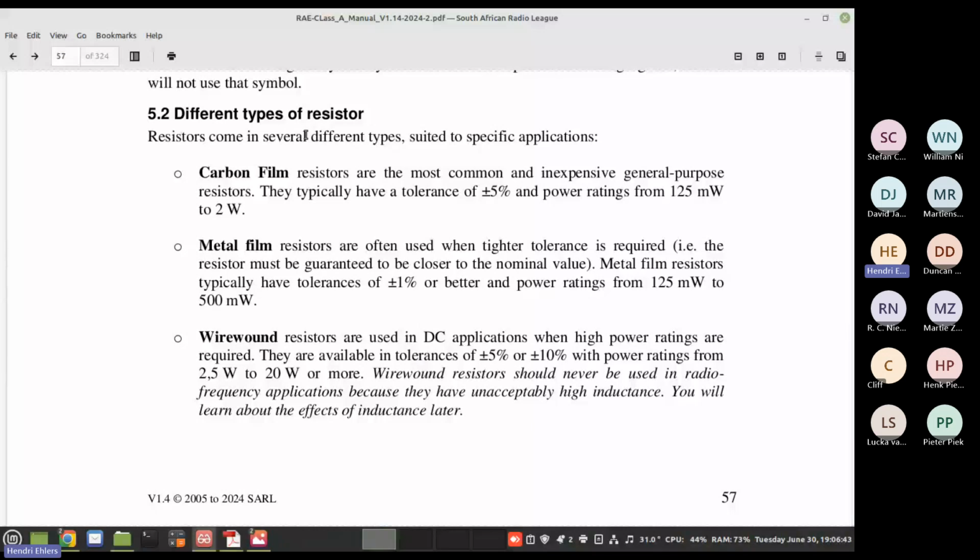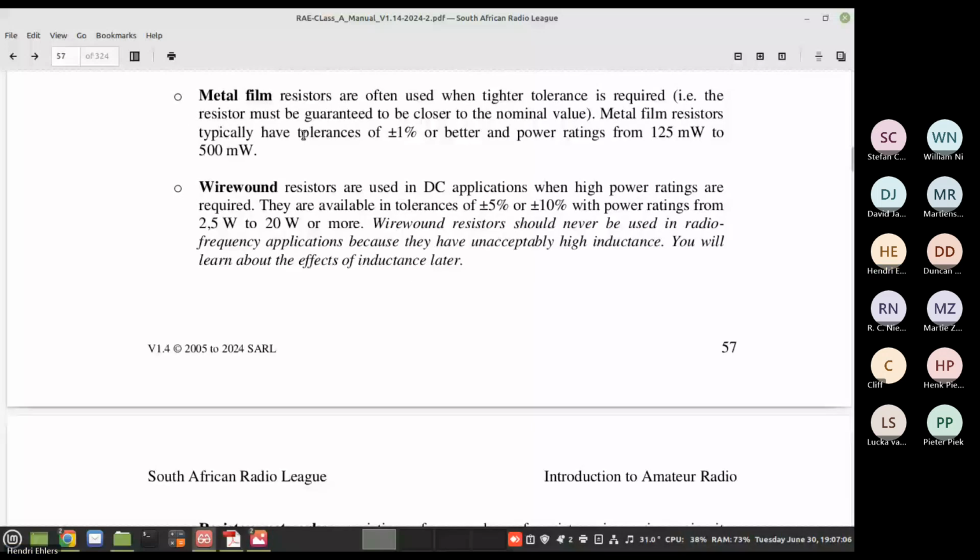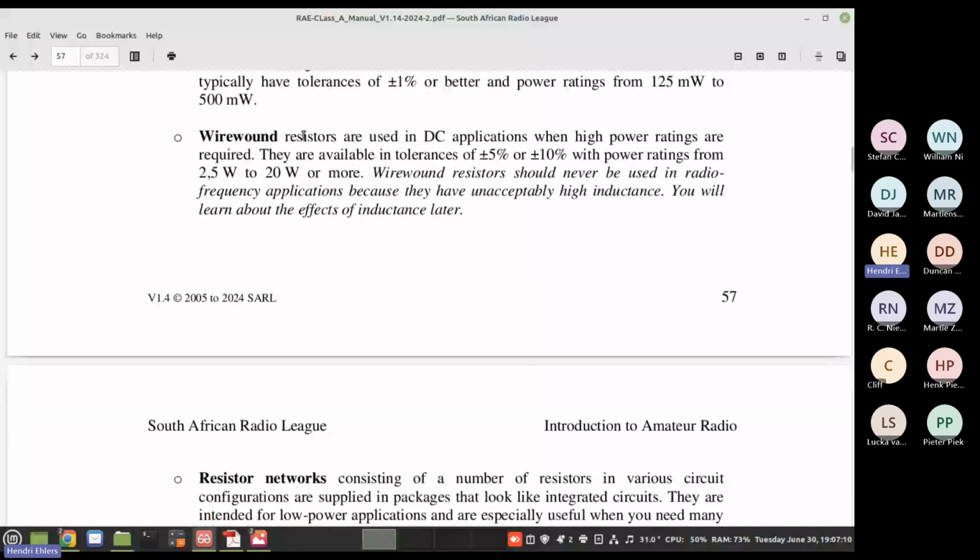You will learn about effects of inductance later. Now, because it is wire wound, it's a coil. And the coil is an inductor, and with DC it's no problem. But the moment you put AC through it, it becomes an inductor, and there is a whole calculation to show you the difference between an inductor and a resistor.